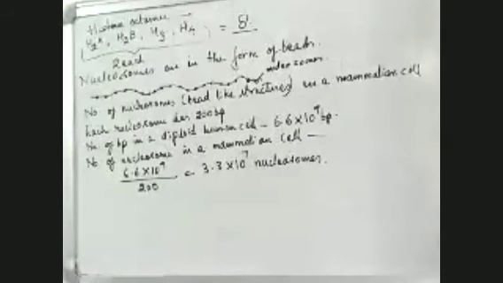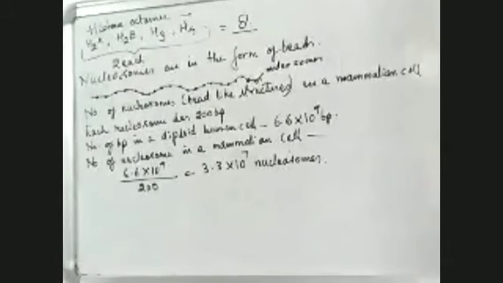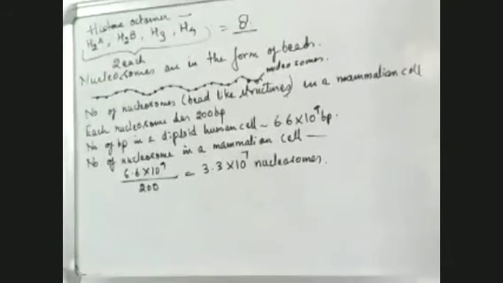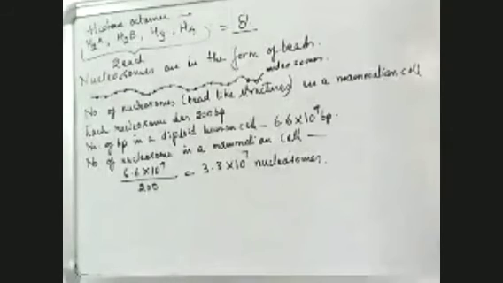I'm asking about the dimension of the nucleus. Yes, beta? Six micrometers.